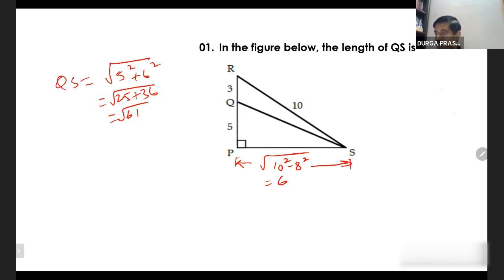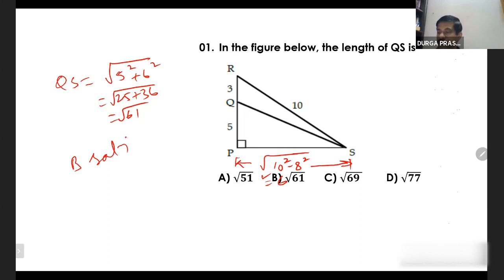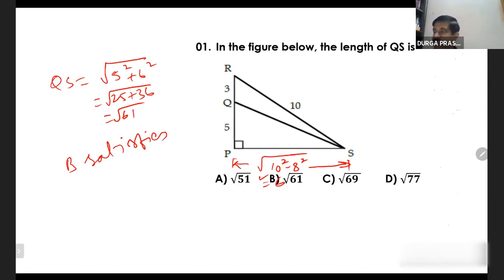Let us see which option we have. So option B. Let us go to the next question.